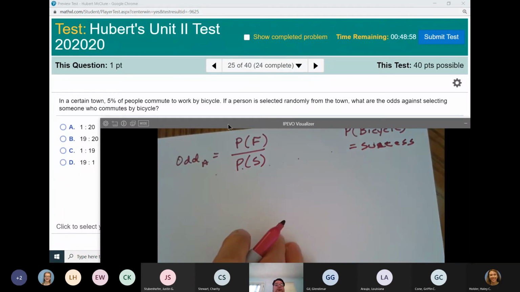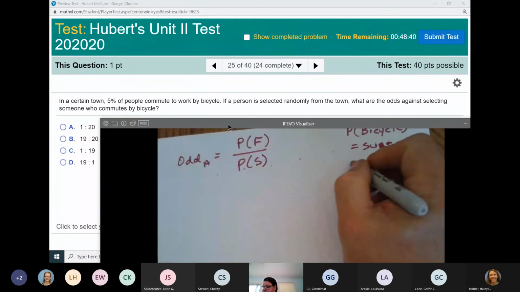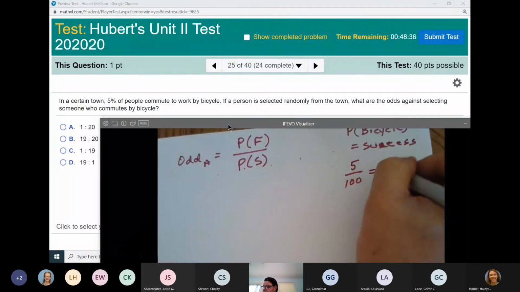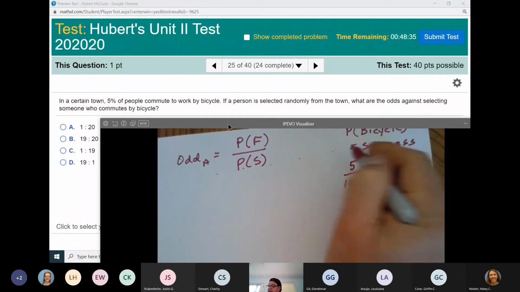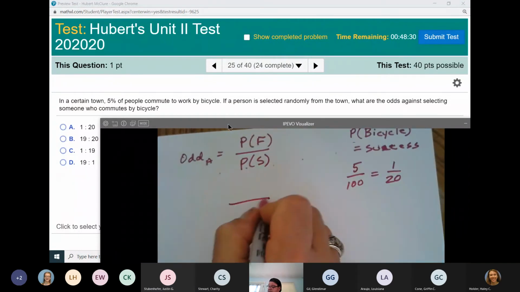Okay, so what is 5%? How else can you write 5%? 1/20th? 5 over what? Yes, 5 over 100, and that goes down to 1 over 20. So the probability of success is 1 over 20, and that goes on the bottom.